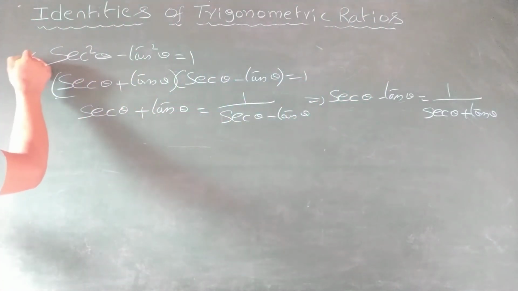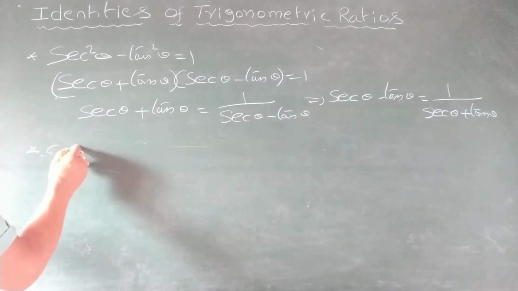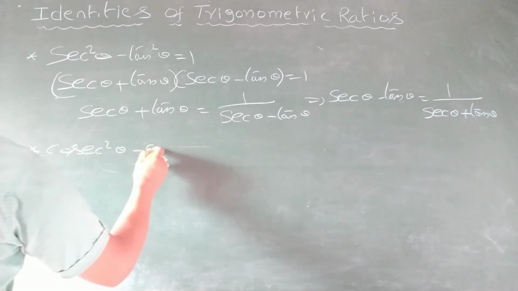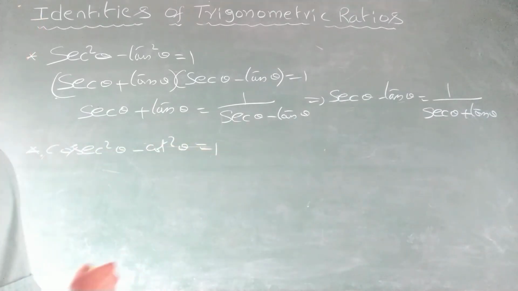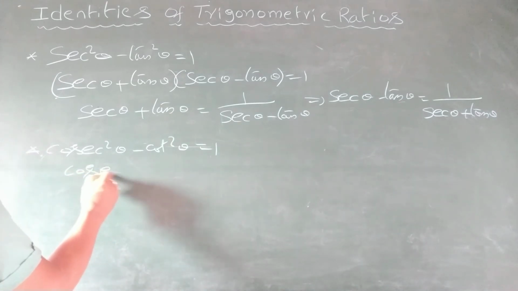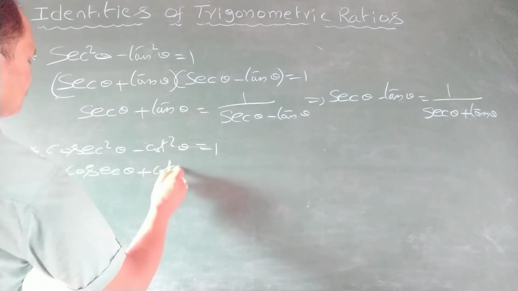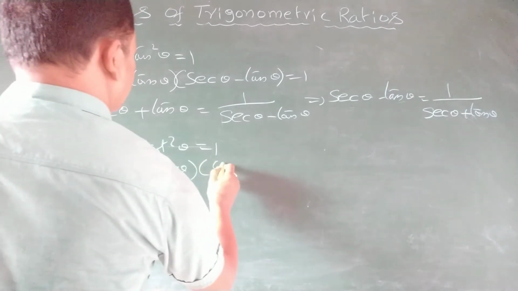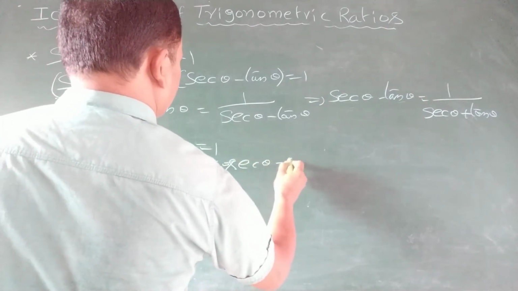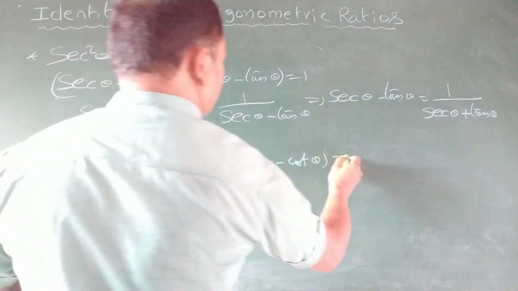Similarly, cosecant square theta minus cot square theta is equal to 1. From this, cosecant theta plus cot theta into cosecant theta minus cot theta is equal to 1.